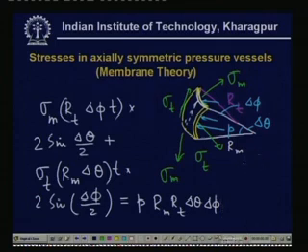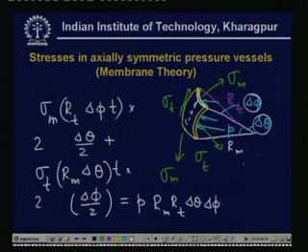Now, if we consider that this is an infinitesimally small area, so this is very small. So, sin delta theta by 2 is almost equal to delta theta by 2, and sin of phi is almost phi again here.